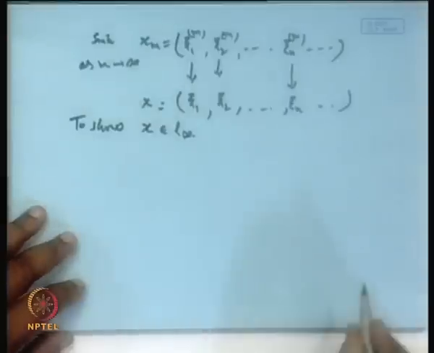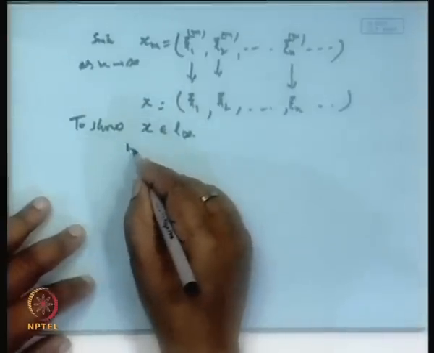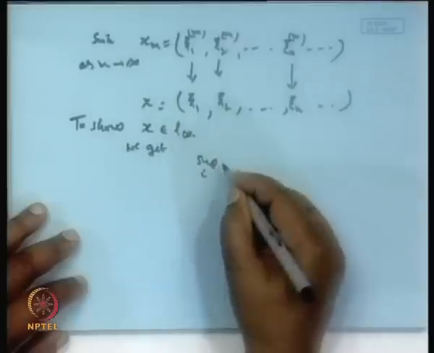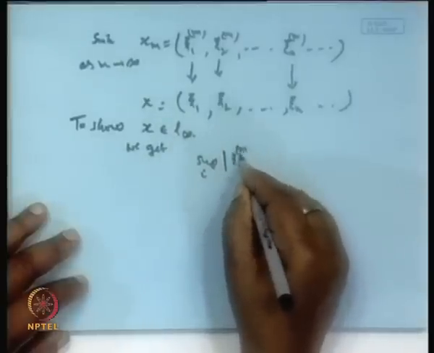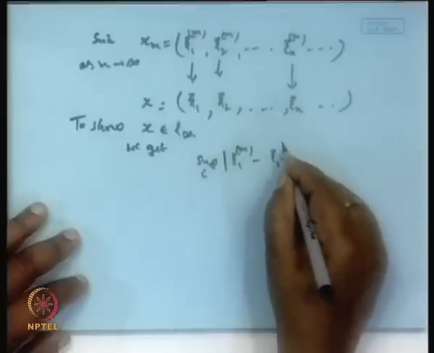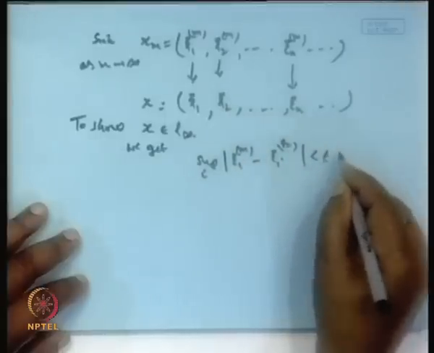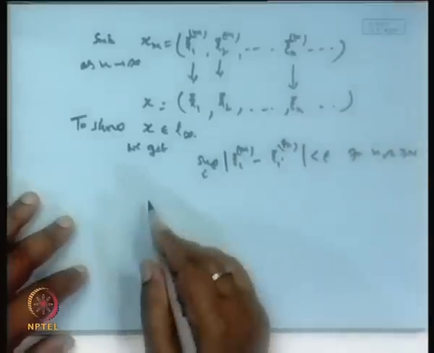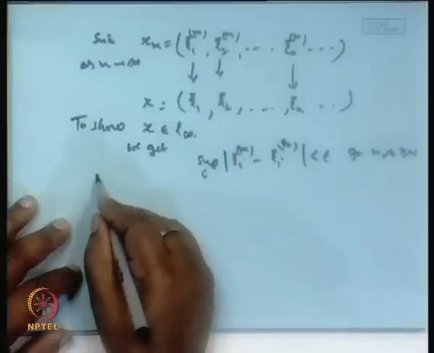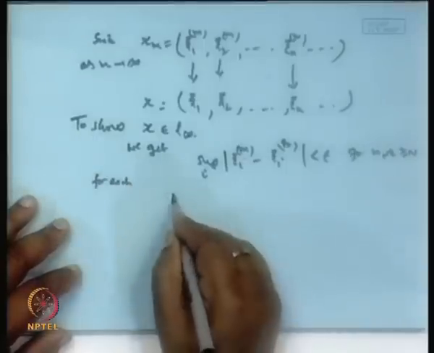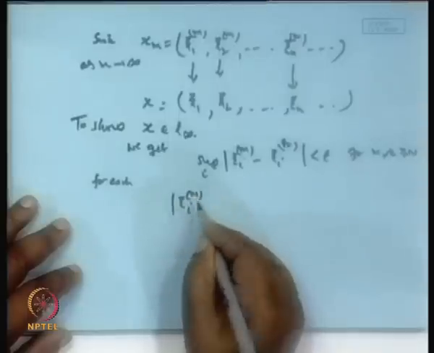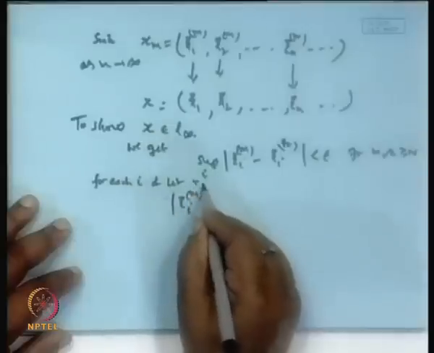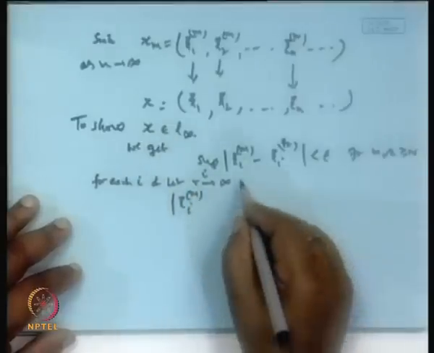Now, from the previous result, supremum over i of mod xi i m minus xi i r is less than epsilon for m, r greater than or equal to N. Clear? Therefore, for each i, fix m and let r tend to infinity.